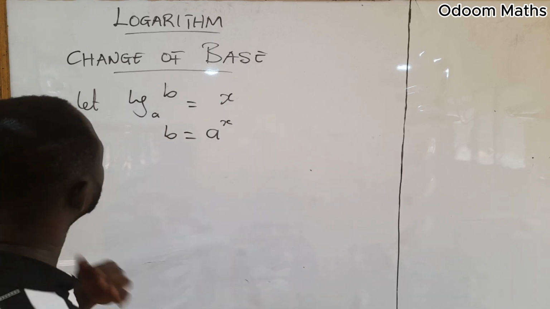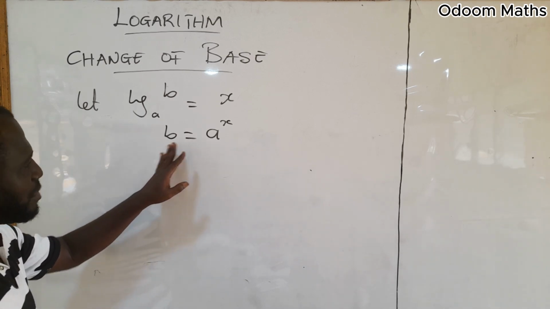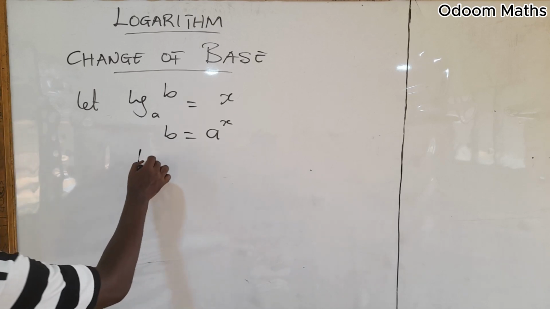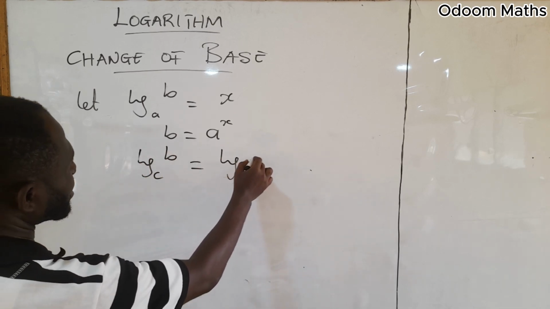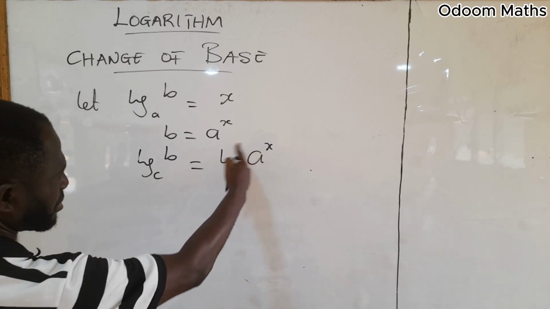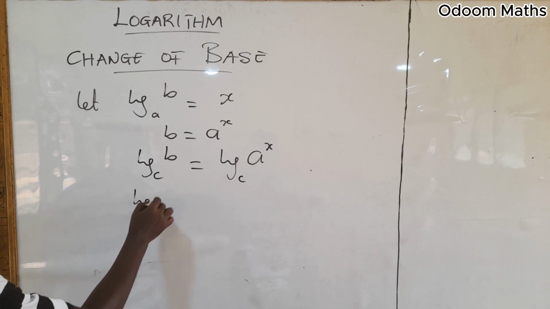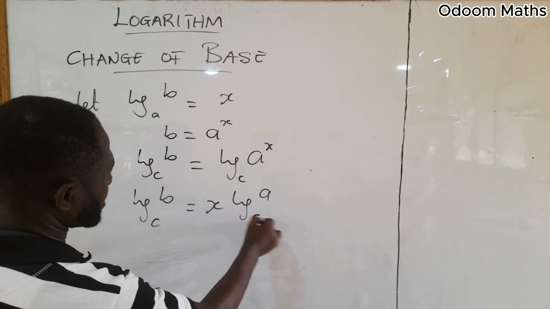With this one, let's introduce log of another base C to both sides. So log B base C should be equal to log A to the power x base C. Then we need to invoke the third law, that is log B base C becomes x log A base C.